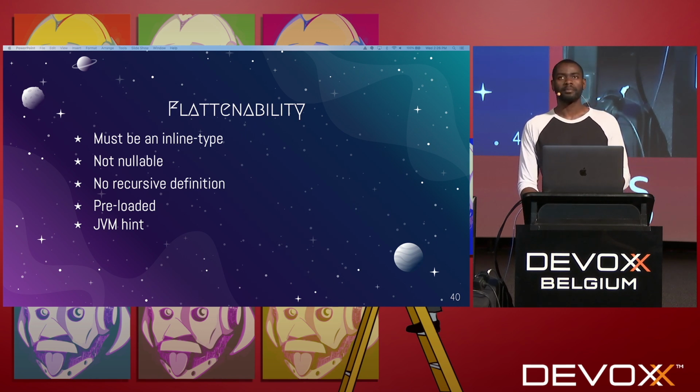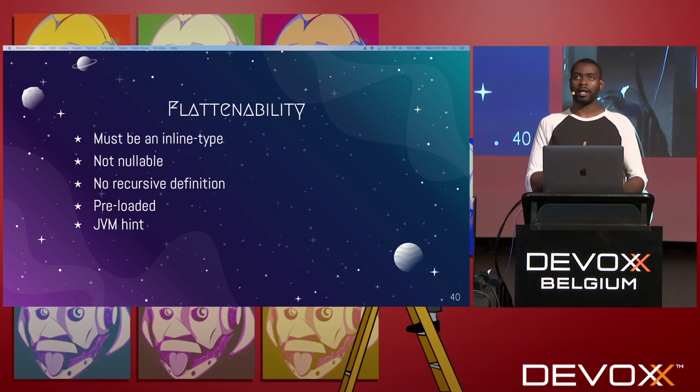And because the size of an instance needs to be known at class load time, you have to preload all the flattenable types during class loading. So this is a bit of a change in the class loading mechanisms. Typically, you only preload the super types and super interfaces, but with inline types, you also have to load the flattenable types.